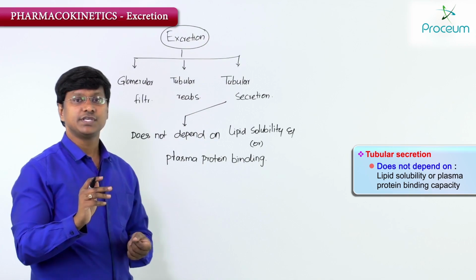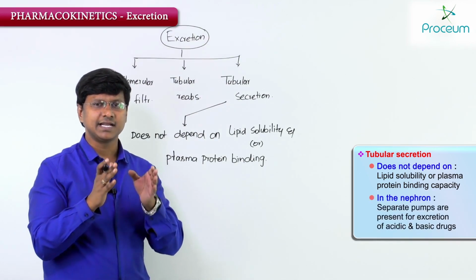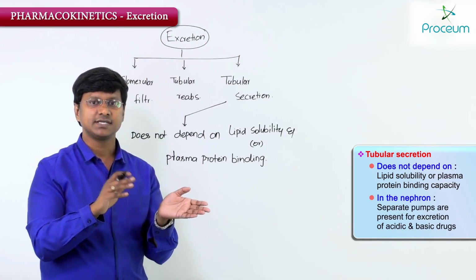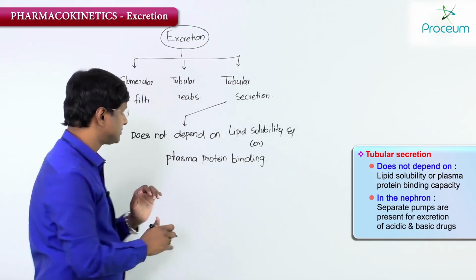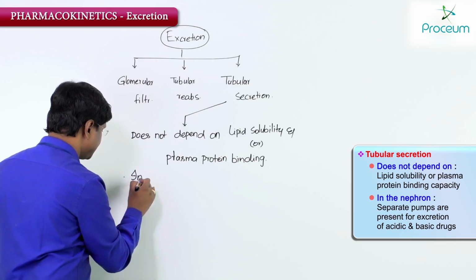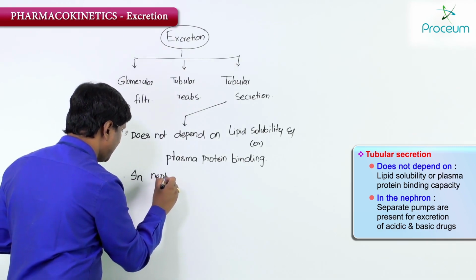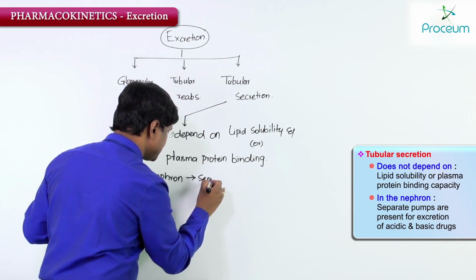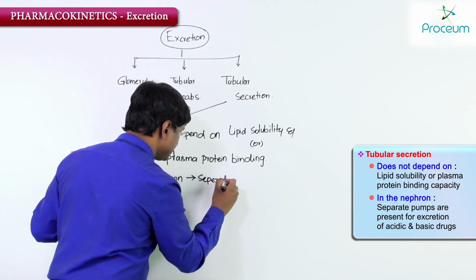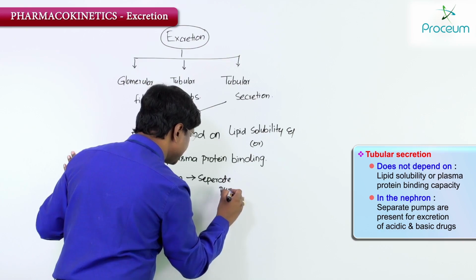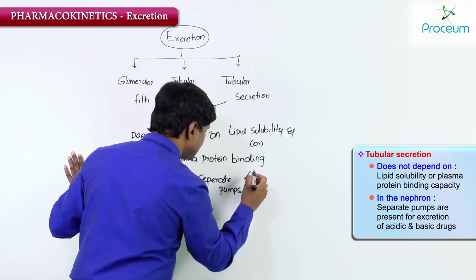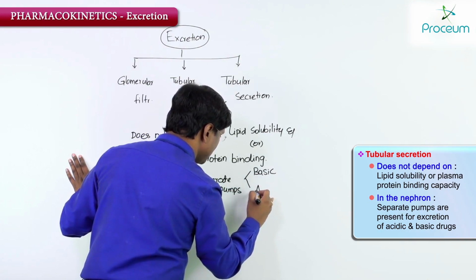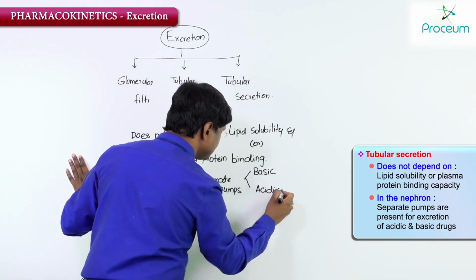Now you see here in the nephron, there are separate pumps present for the acidic drugs as well as for the basic drugs. Remember this point: there are separate pumps for the excretion of the basic drugs and for the excretion of the acidic drugs.